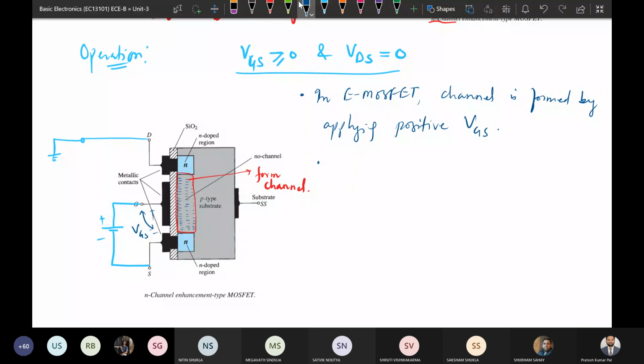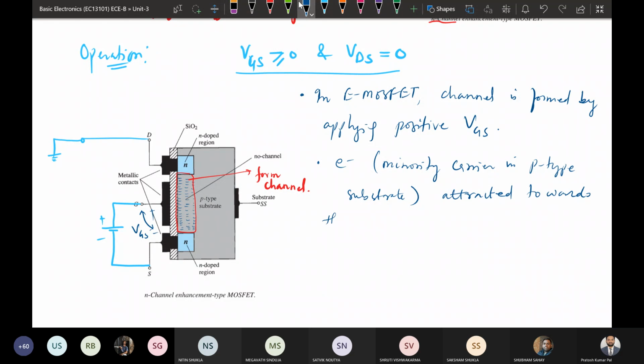As we apply positive gate to source voltage, the electrons, that is the minority carriers in the p-type substrate, will be attracted towards the SiO2 layer, or oxide layer.